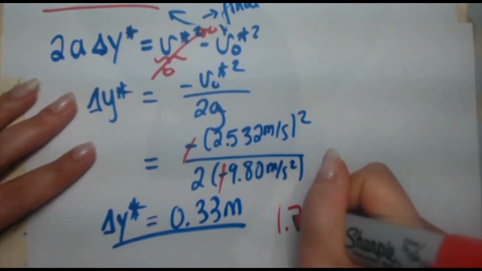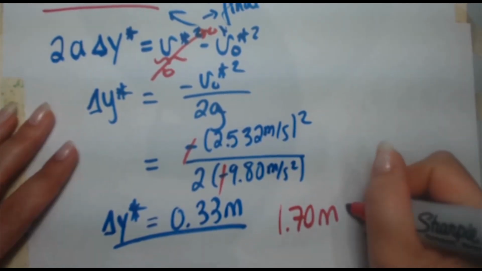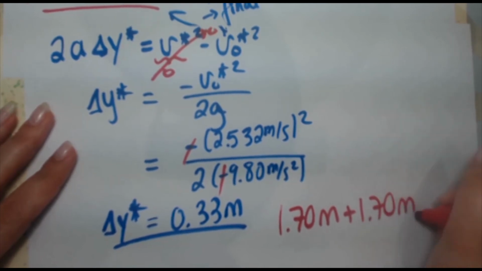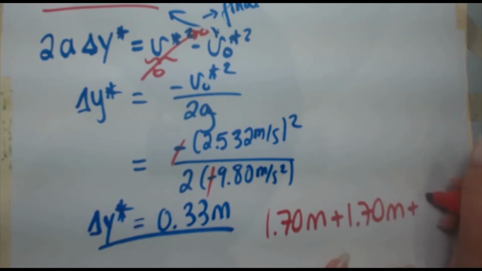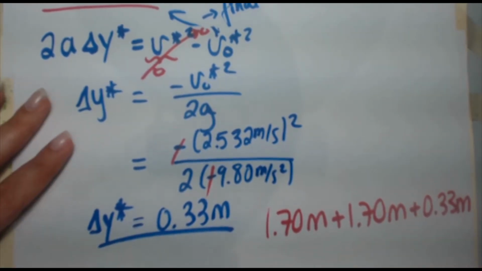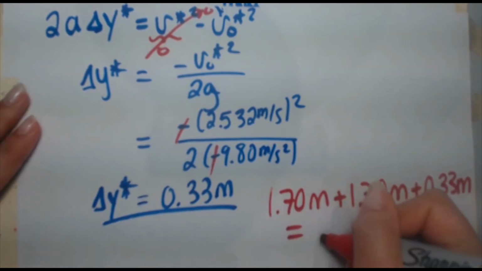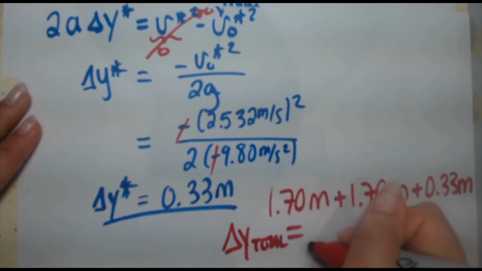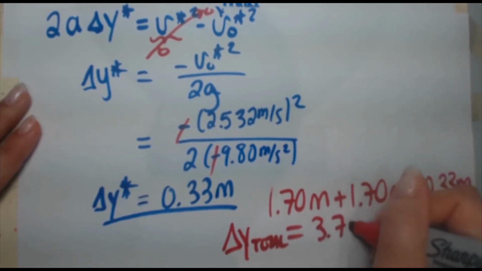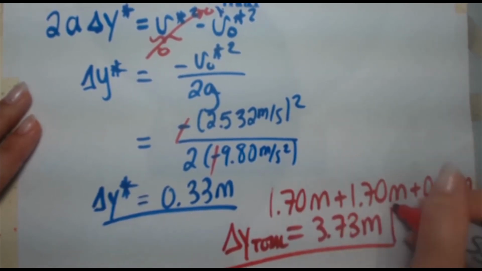So we've got the initial 1.7 that it started with. It goes up another 1.7 until block 1 hits the ground. And then until it stops moving, as it obeys Newton's first law, it goes up another 0.33 meters. So the total distance it travels, we can call that delta y total, is 3.73 meters.